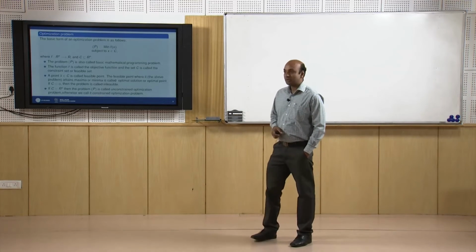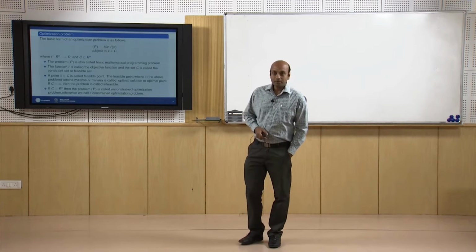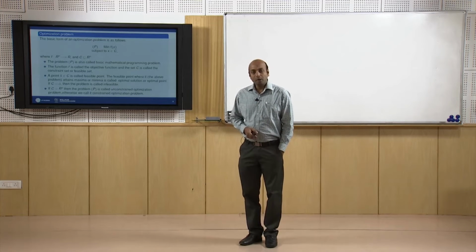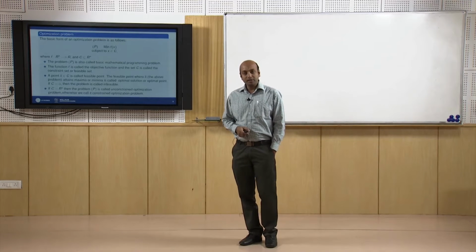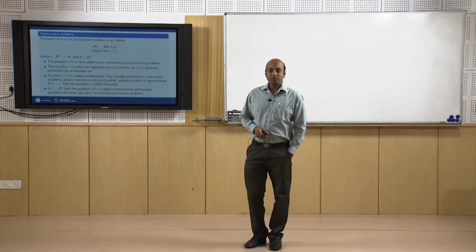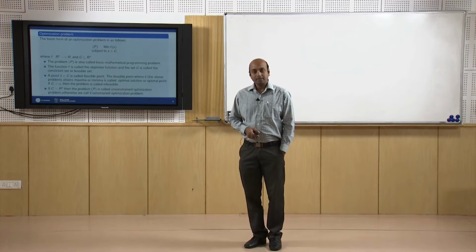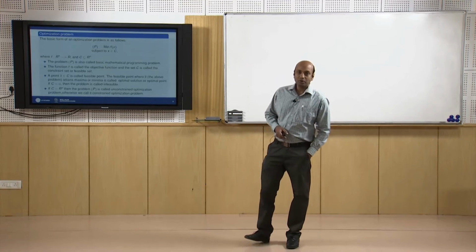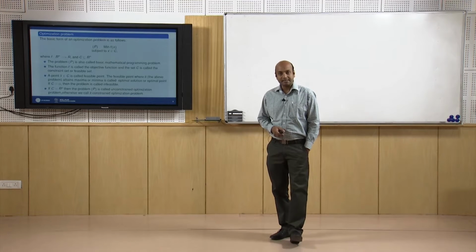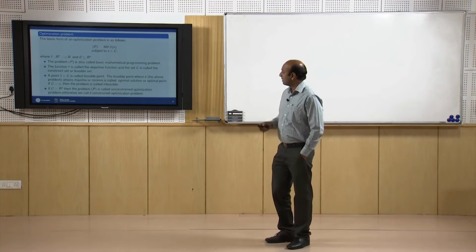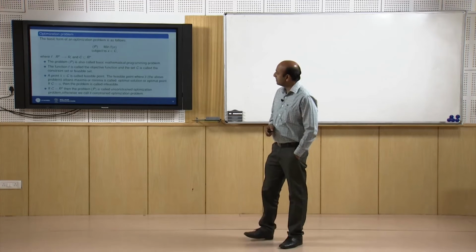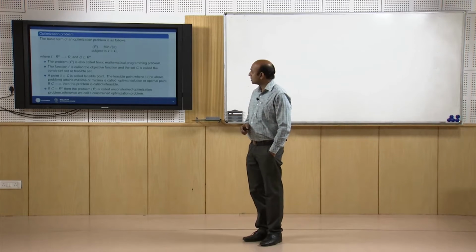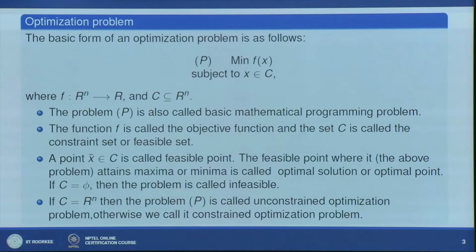Now, what is an optimization problem? In an optimization problem we have two components: an objective function, a function which we have to maximize or minimize, subject to some constraints which we call the constraint set. Here we have a problem P which is of minimization type: minimize f(x) subject to the condition x belongs to C, where f is a function from Rn to R and C is a subset of Rn.